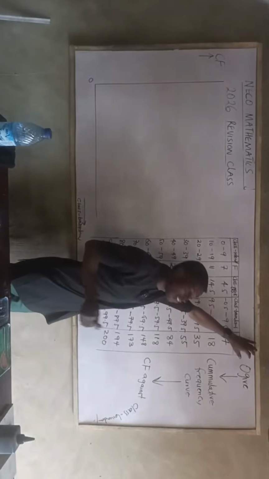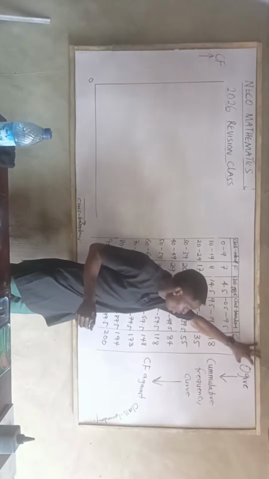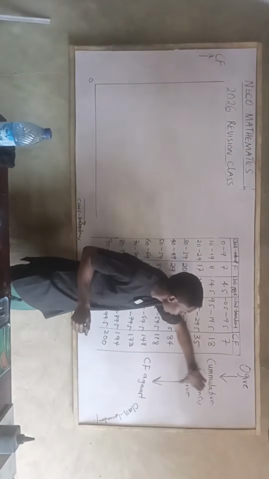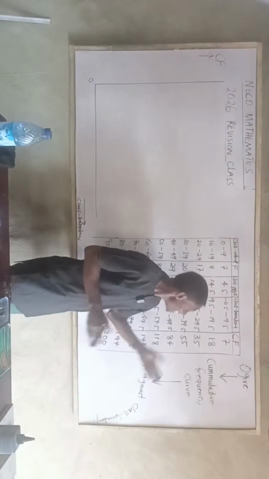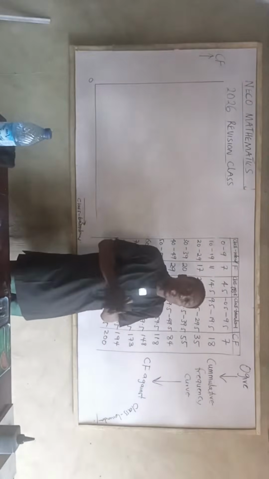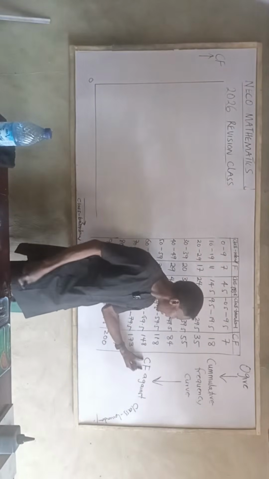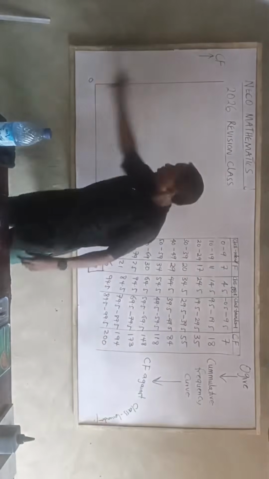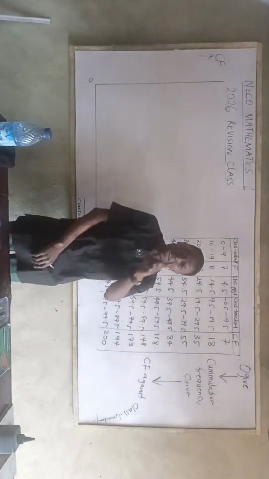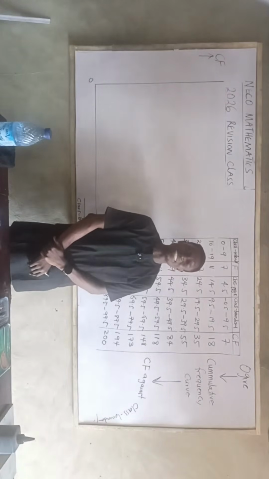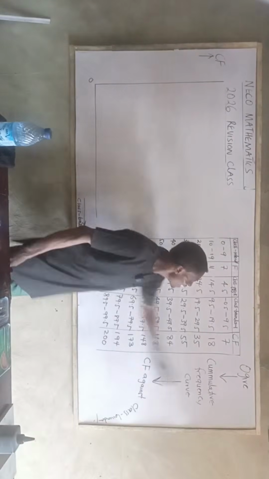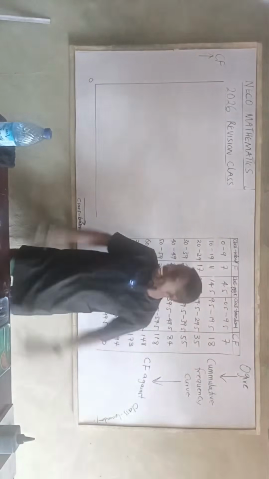Now, if we are asked to construct an OGIF, or what I call a cumulative frequency curve, either of the two names, it's still the same thing. It simply asks you to plot a graph of cumulative frequency on the vertical axis against class boundary on the x-axis. Now, what if you have to do a histogram? A histogram is also a graph, but this time it is a graph of normal frequency against class boundary.